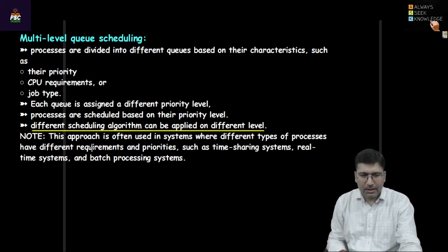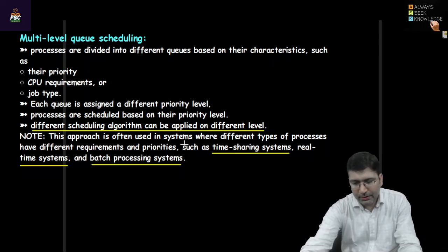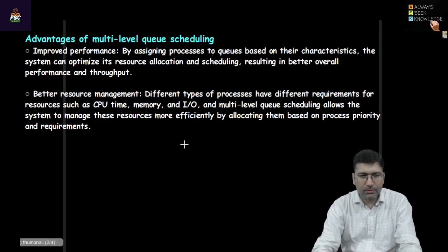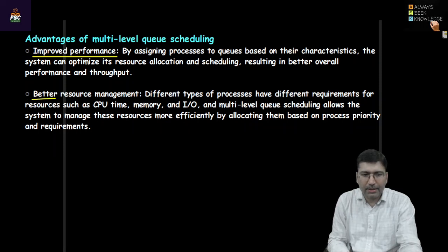So this is one of the important terms. You can remember, different levels can incorporate different scheduling algorithms. This approach is often used in systems where different types of processes have different requirements and priorities, such as time sharing systems, real-time systems and batch processing systems. In these types of systems generally we find multi-level queue scheduling. If we talk about the benefits, the advantages, it can provide us improved performance and better resource management.